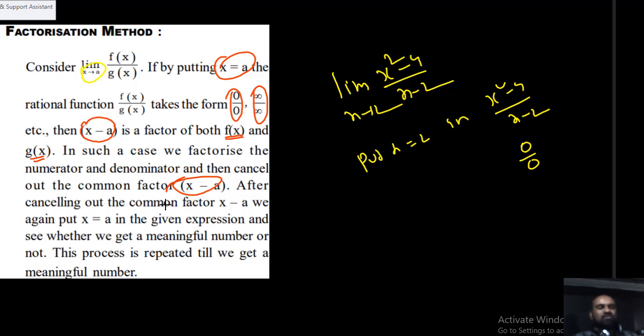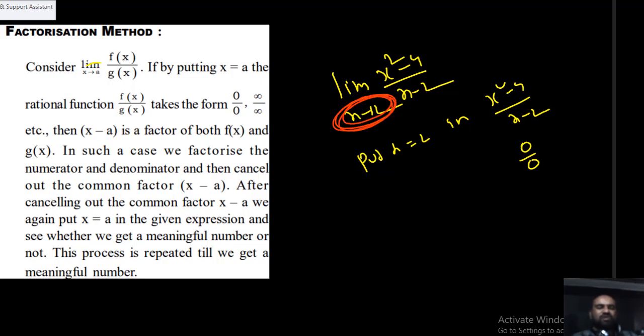After cancelling out the common factor x minus a, again put x equal to a in the given expression and see whether we get a meaningful number or not. This process is repeated till you get a meaningful number. So this is called the factorization method. So what happened here? After substituting x equal to 2, I am getting an indeterminate form. What this method says is that you factorize the numerator and denominator.